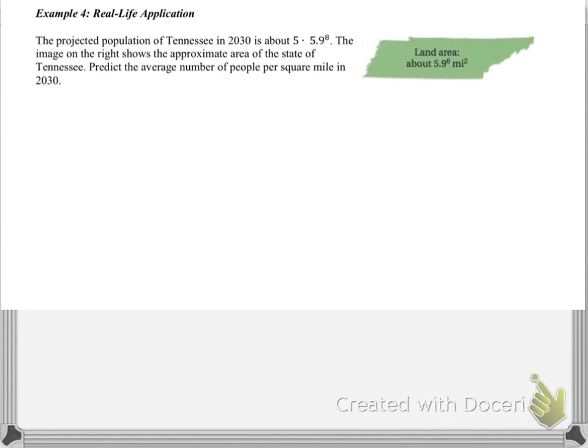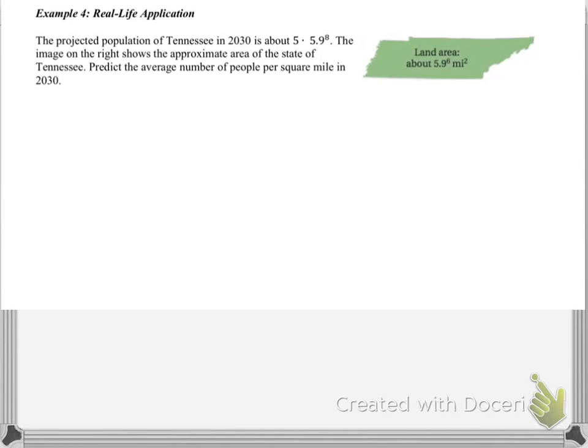It says the projected population of Tennessee in the year 2030 is about 5.9 to the 8th power. The image on the right shows the approximate area of the state of Tennessee.